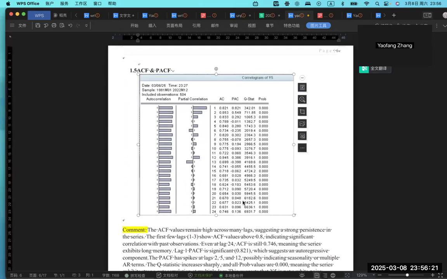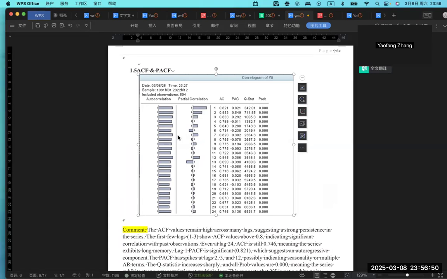A time series must be stationary before applying ARMA models. The ACF graph helps us determine whether the time series is not stationary. The ACF shows a slow decline over lags. The PACF shows significant spikes at lag 1 and lag 2 before cutting off.